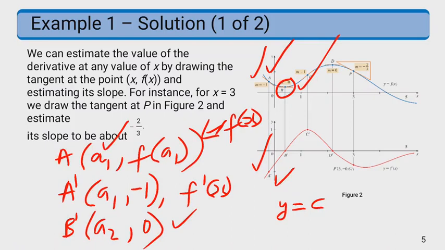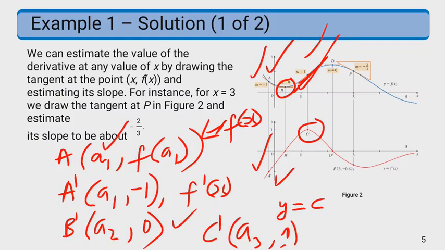After that point B, if you draw a tangent line somewhere around here, the slope will be positive. For argument's sake, let's say the slope is just 1. So at C, the value of the derivative function, C prime at A3, will be 1.